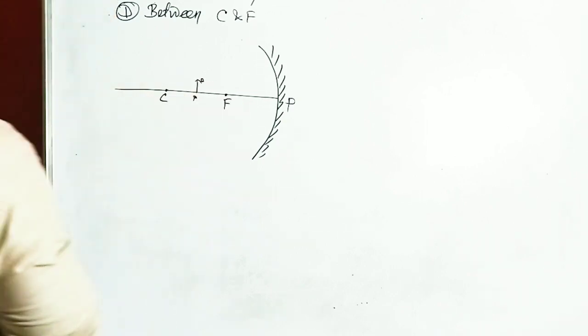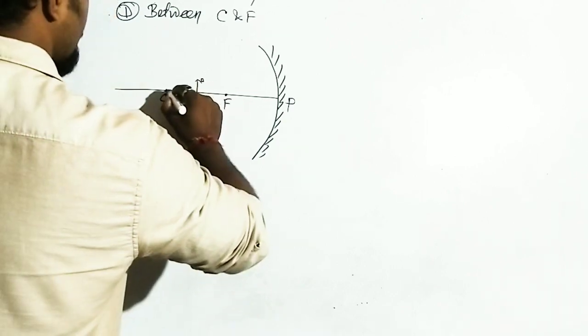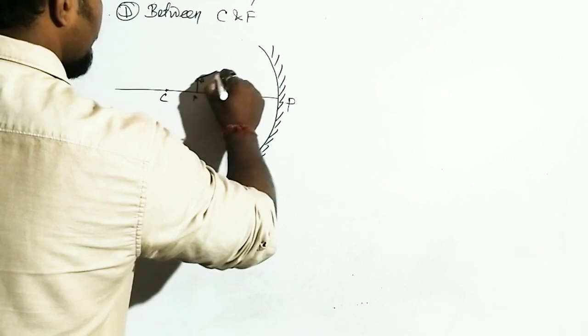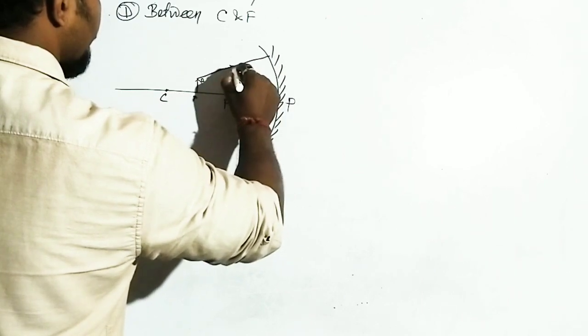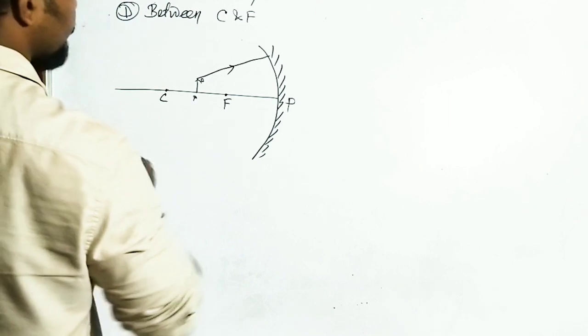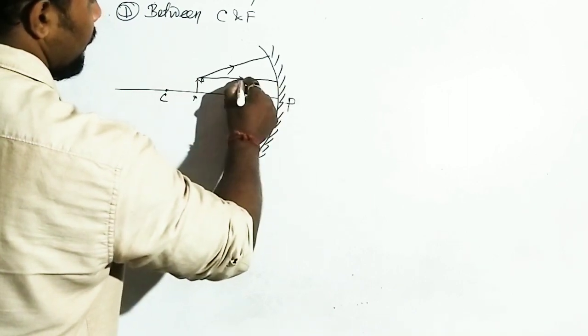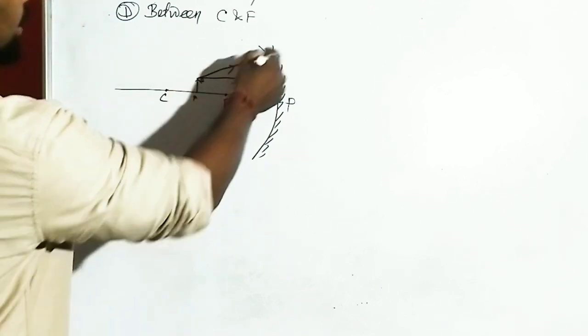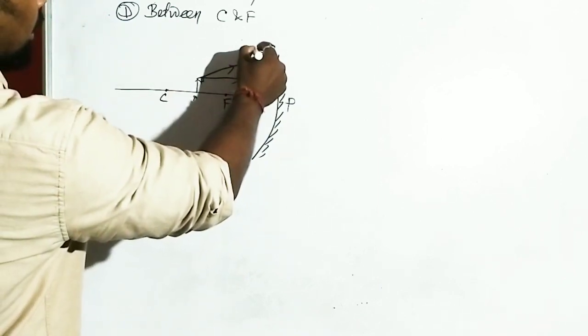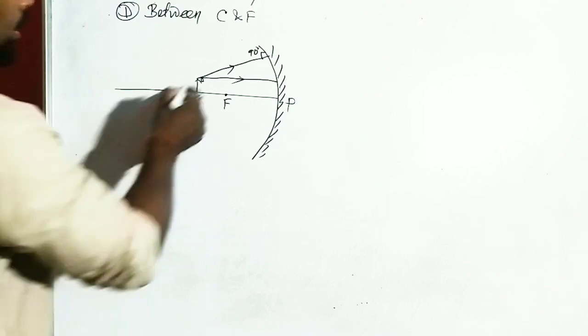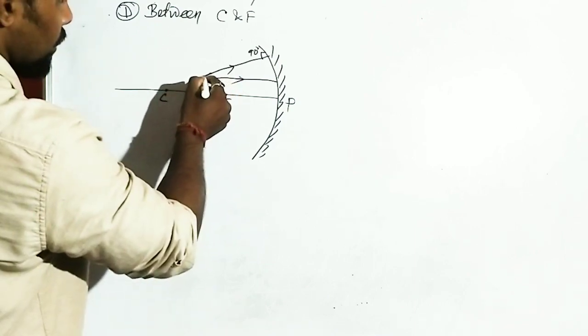First I will draw one incident ray. This is the ray, and this is one more ray. This ray is incident making an angle of 90 degrees, so this ray will pass through the center.